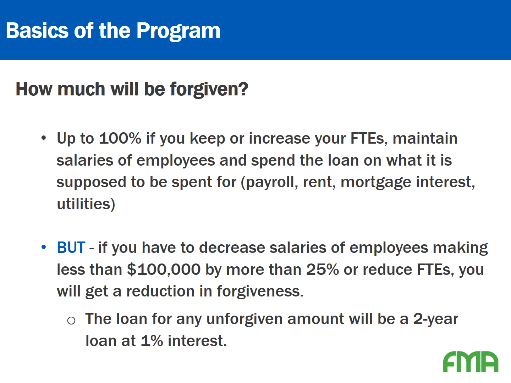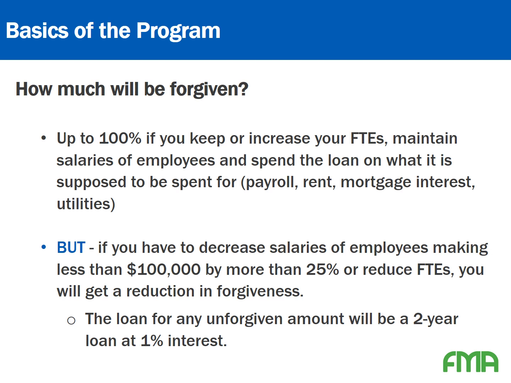You as a nonprofit are able to keep all of your employees on payroll, so you maintain a similar amount of full-time equivalent FTEs as you've had in the past, and you spend it on approved categories, and there are no significant decreases in salaries, in this case defined as no decreases by more than 25% for people making less than $100,000, the loan will be forgiven.